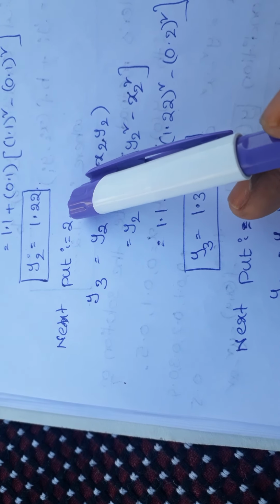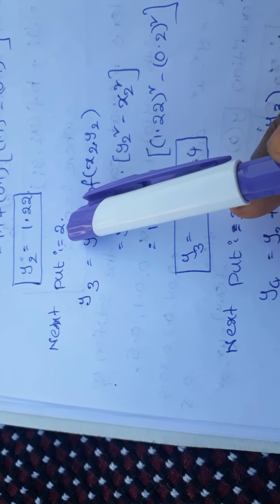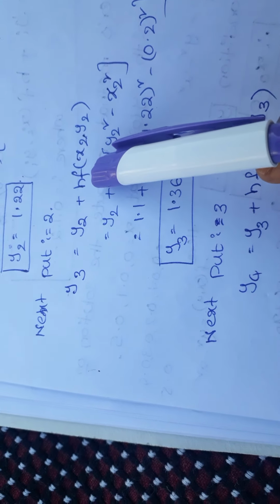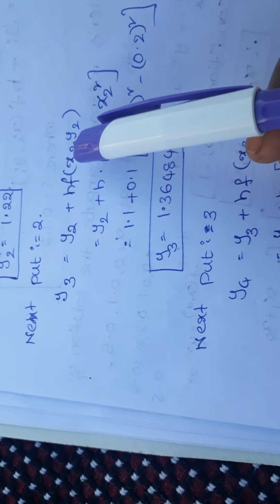Next, same, put i is equal to 2 in 1. In that formula, if we substitute i is equal to 2, we get y2 plus h into f of x2 comma y2.